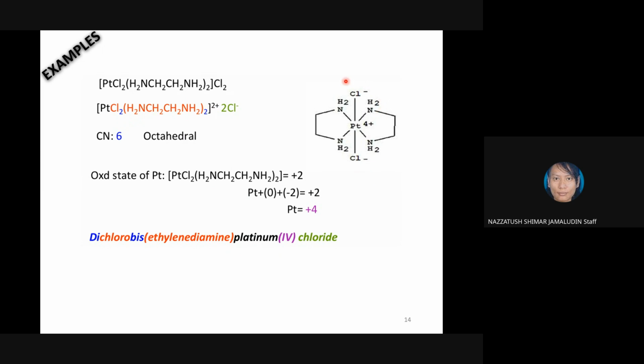Can you tell me how many coordination number in this complex? 6. How many ligands? 4. Yes, 2 chlorine and 2 ethylenediamine, so 4.